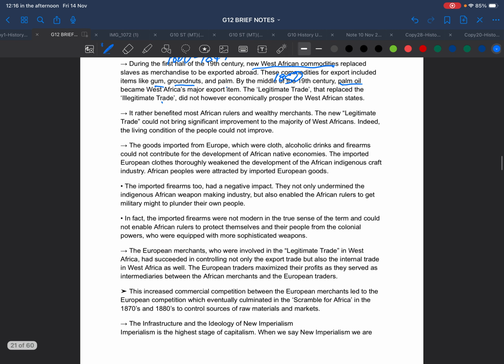Nothing became gains for Africans. The West African states, its people, the government of West Africa, the natives, were not economic beneficiaries. Rather, the trade highly benefited economically the European colonizers.